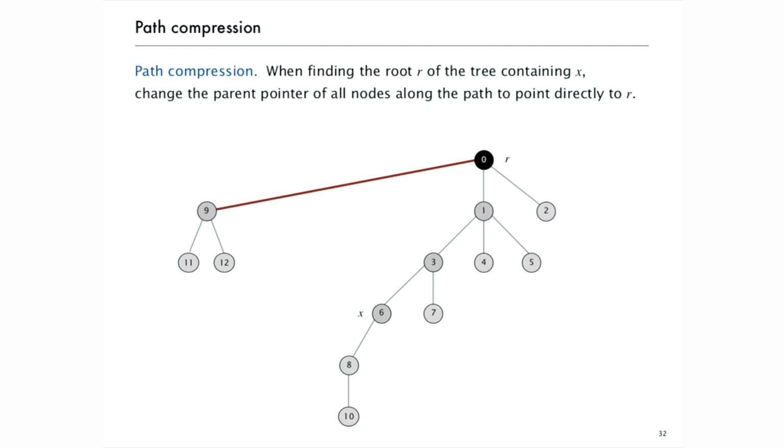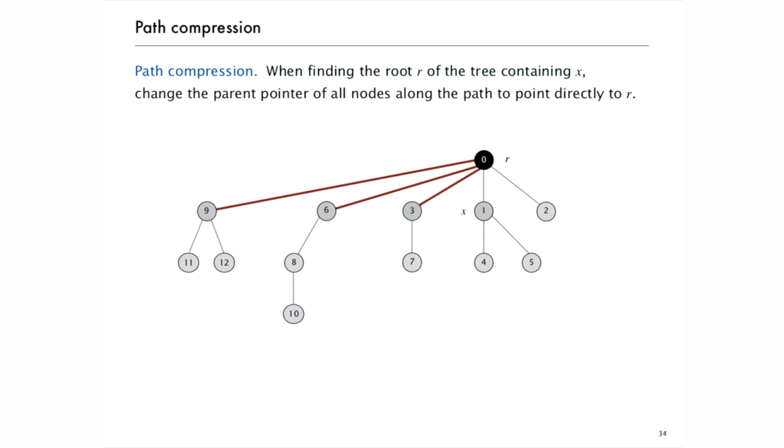Now I just keep deleting. Now I move to 6. I moved to 3, and I have remembered the root anyway, so I made him point to it, and 1 is anyway linked to the root. But now notice, next time, if I immediately ask the question, return me find 6, how much time will it take? One step, right? Find 3, it will take a constant amount of time.